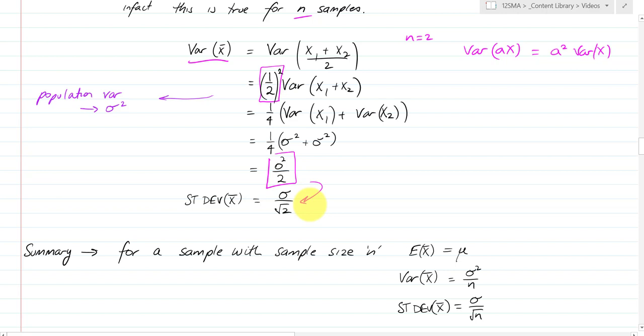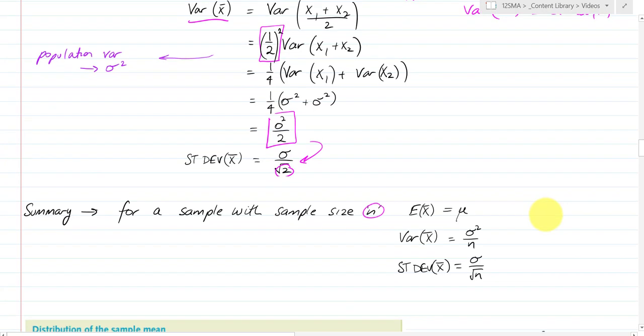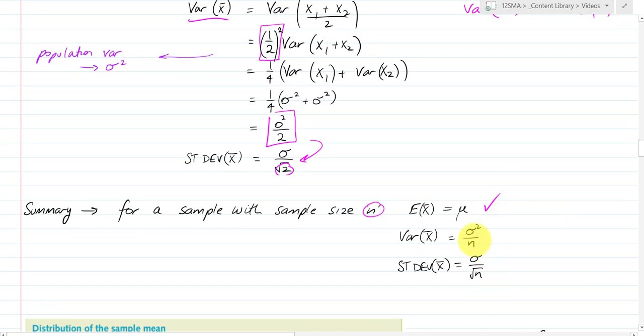Now, what happens if we don't have 2? What happens if we've got a sample size of n? Well, we get the same expected value. The variance is now sigma squared over n, and the standard deviation is sigma over the square root of n. Now, if you don't quite follow the mathematics here, definitely ask, but hopefully you can see that with these values here, as I increase n, the expected value of my sample mean doesn't change, but the variance does.